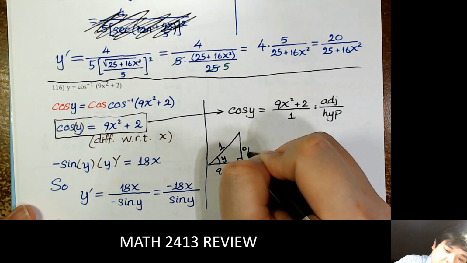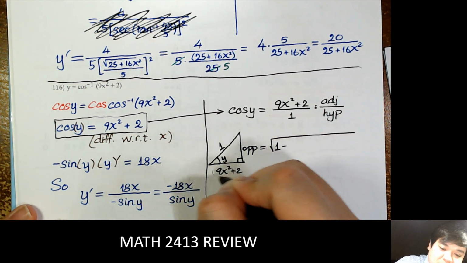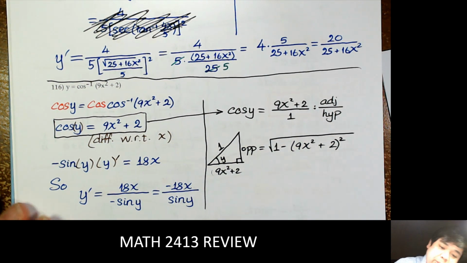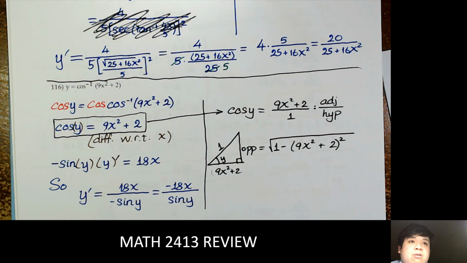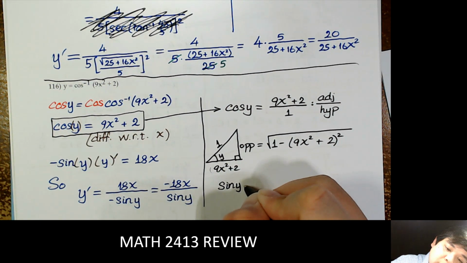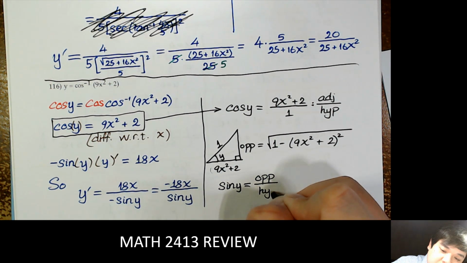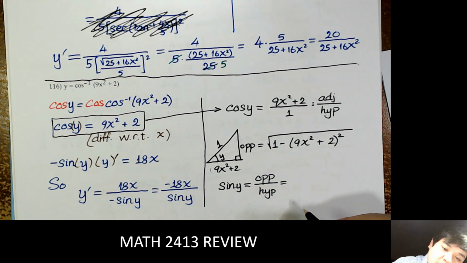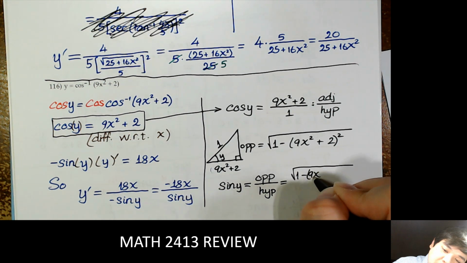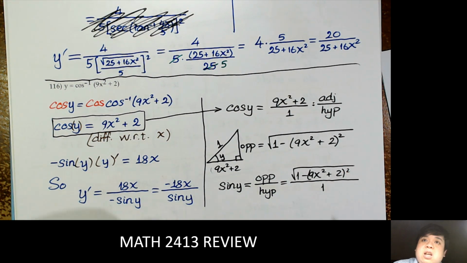So the opposite will be square root of 1 square, still 1, minus 9x squared plus 2 square. And then finally we need sine of y. Sine is opposite over hypotenuse. Hypotenuse is 1. So we just have that big square root.